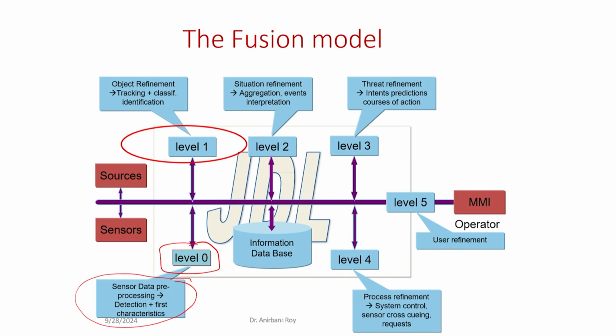You gather the data, fine, you send it to your processor, that is called the level 1 processing. Level 1 processing is what we are mainly interested in this course. Tracking, we will be doing the tracking. What is called tracking? We will be studying in detail.